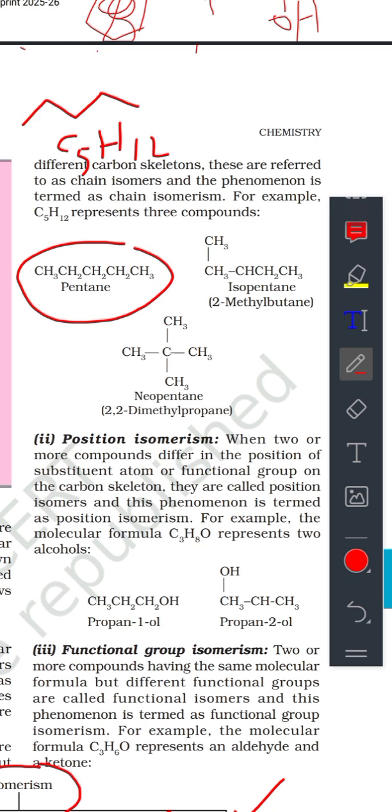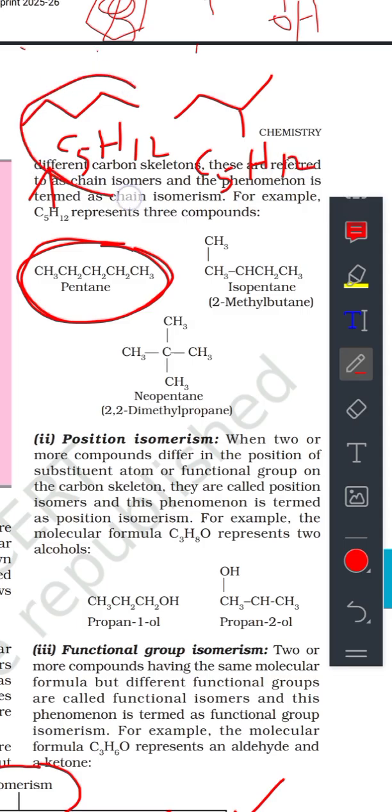How to count hydrogens and carbons in a bond line formula? If you go to the previous videos, you will understand how to write a bond line formula for a given structural formula. This is called the condensed structural formula, and this is called the bond line formula. If I write one methyl group here, this is also C5H12.